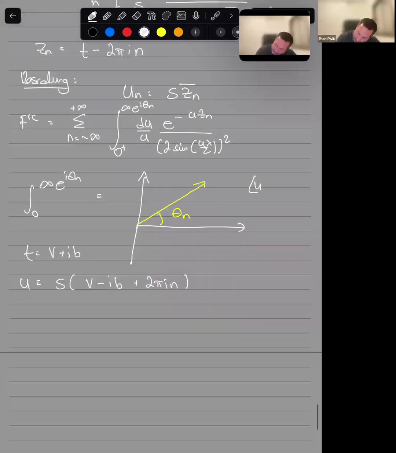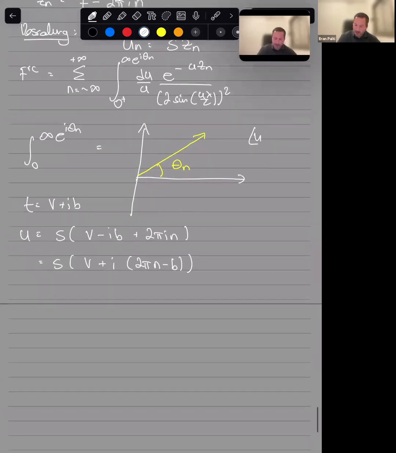And then I can write this as s times v plus i 2 pi n minus b. And so the angle theta n is just inverse tan of the imaginary part over the real part. So that's the angle that we have to integrate over.